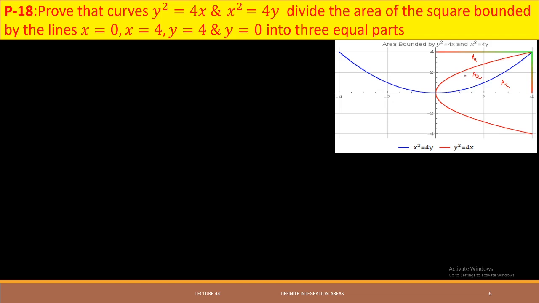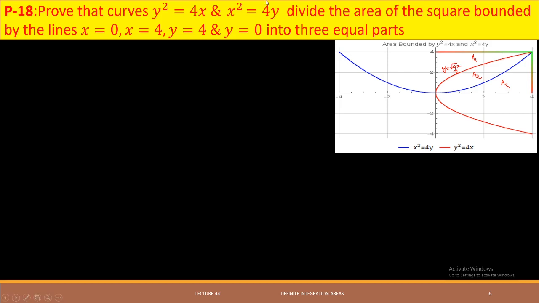Equal means in terms of area we can show that they are equal. Now this red color curve is y square is equal to 4x and this blue color curve is x square is equal to 4y, and the upper part of the red curve is given by y is equal to root 4x. That you have to remember.